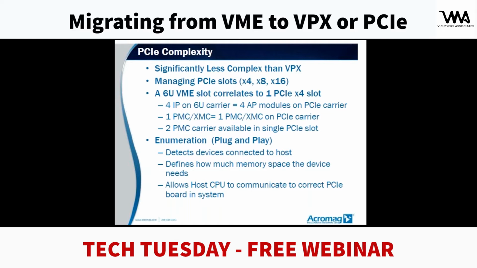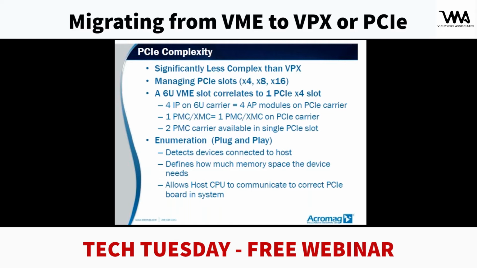On a 6U VME carrier, you could host 1 or 2 XMC cards, and you can still host 1 or 2 XMC cards on a PCI Express carrier. The carriers for PCI Express come in half length, 3/4 length, and full length. And there is a very good correlation from 6U VME to PCI Express by 4 slots.